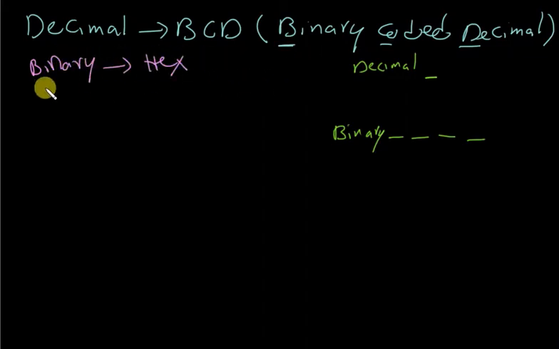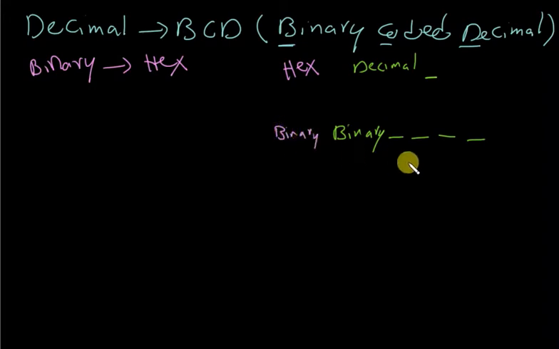We represent binary to hex this way, so each digit in hexadecimal would be 4 digits in binary.